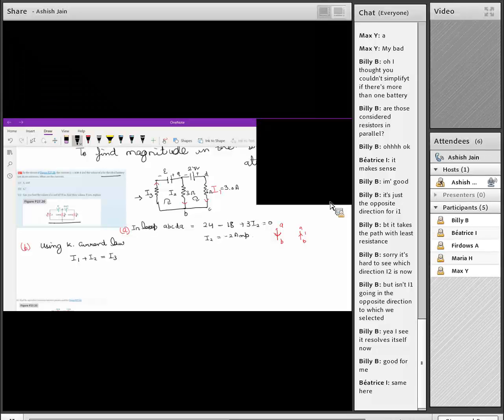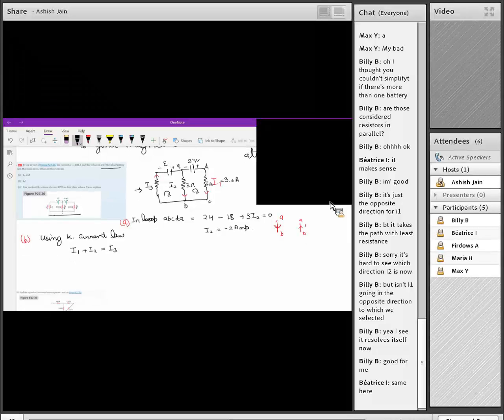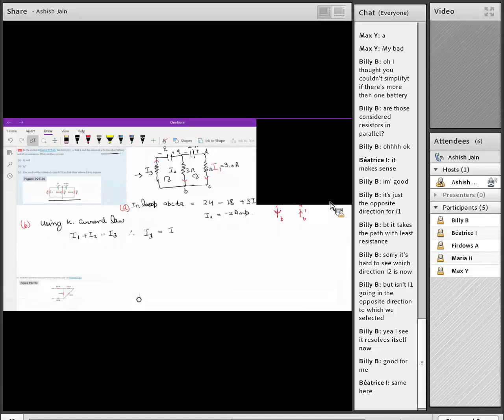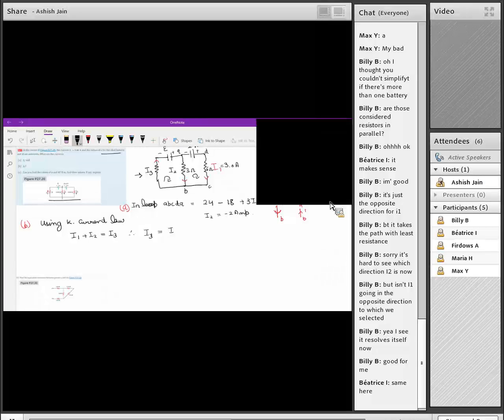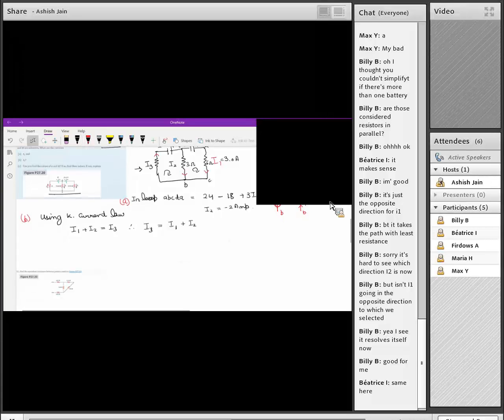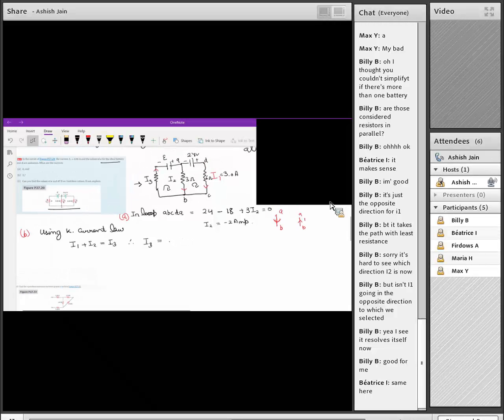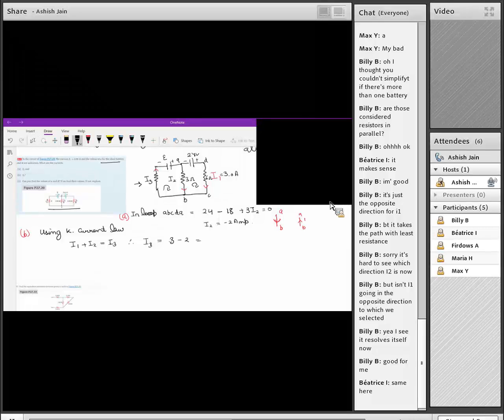Using the directions of the currents they gave us, I can write I3 as I1 plus I2. I've written that already, just need to substitute the numbers. So 3 minus 2, 1 ampere.